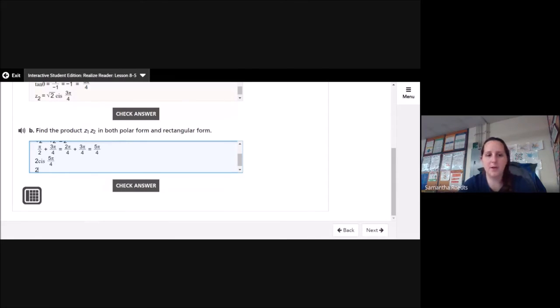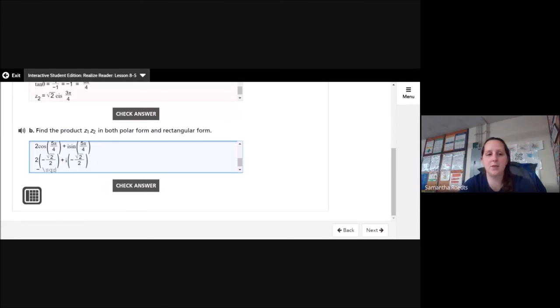Okay. This becomes 2 cosine 5 pi over 4 plus I sine 5 pi over 4. So that's 2 cosine of 5 pi over 4 is negative square root of 2 over 2 plus I sine 5 pi over 4 is negative square root of 2 over 2.